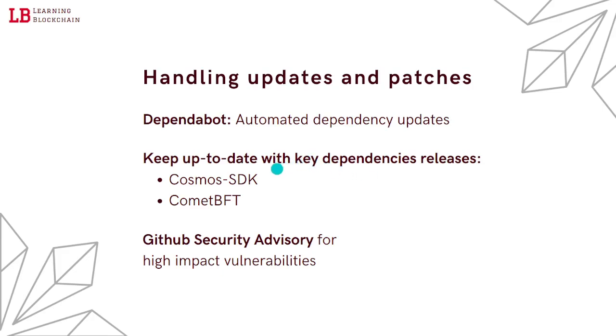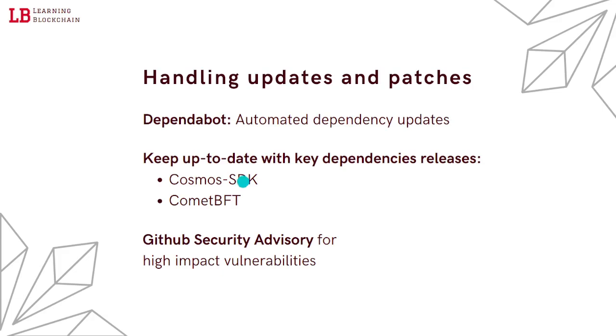But for key dependencies, the dependabot is sometimes tricky. For example, Cosmos SDK and CometBFT dependencies sometimes have new releases that are backwards incompatible, and we have to look into this if we have to update other dependencies.